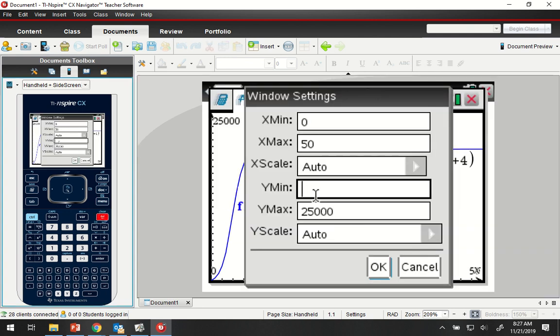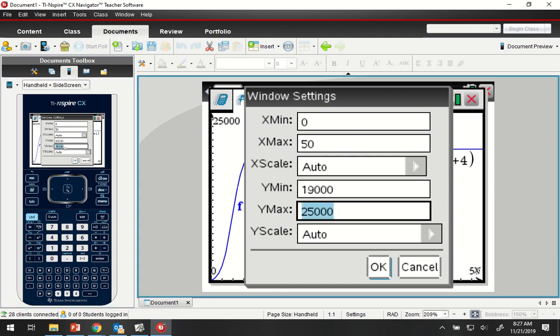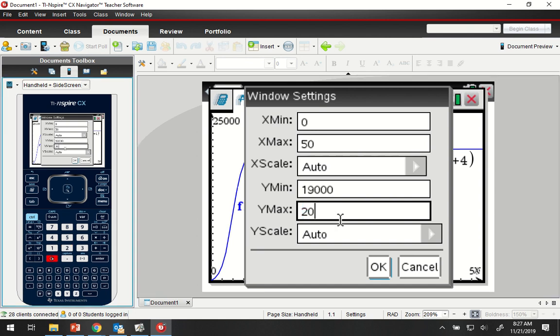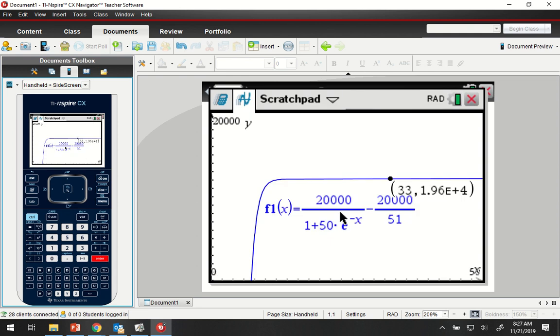We're doing 19,000 now, and then let's go 20,000. There we go. Dang, that's a pretty flat line, isn't it? So according to this, my value is going to come out to be at 33.